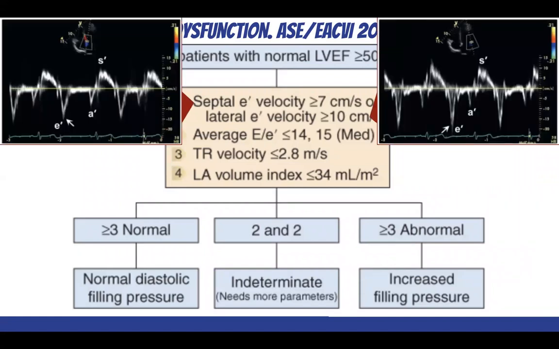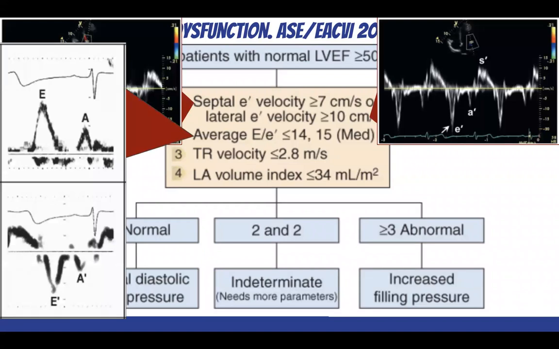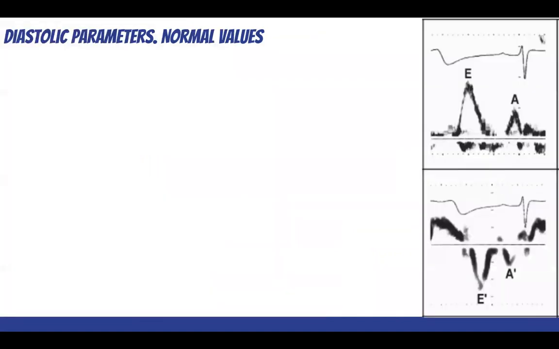So for the septal E prime velocity, we look at the medial velocity and the lateral velocity. Medial is usually slower than the lateral velocity. We looked at the average E to E prime velocities, which should be less than 14. Let's quickly go over the normal values.